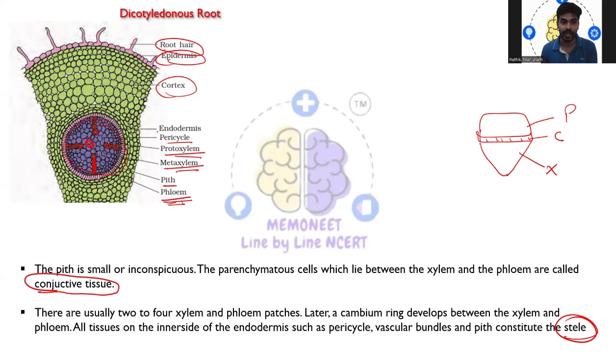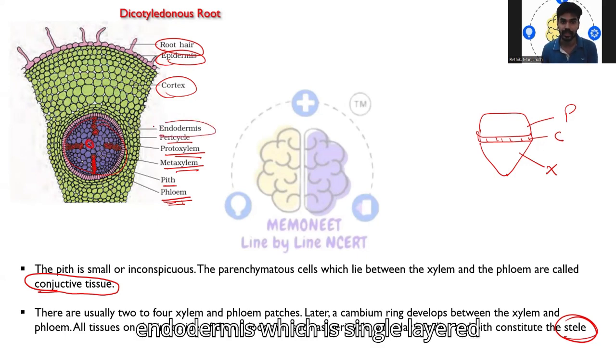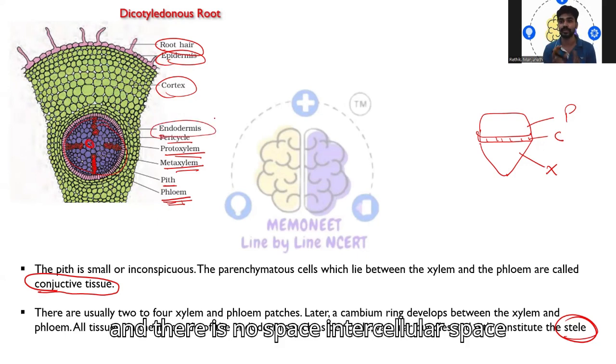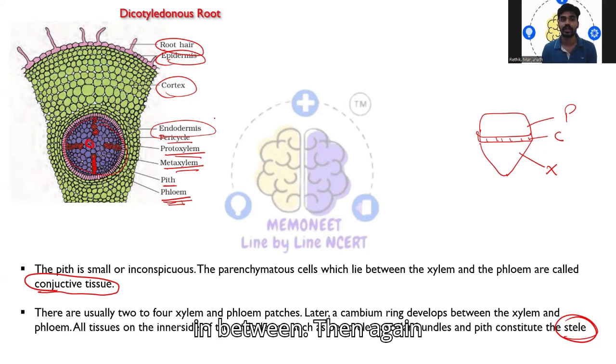After that, we have the endodermis, which is single layered with no intercellular space in between. Then the pericycle follows the endodermis.